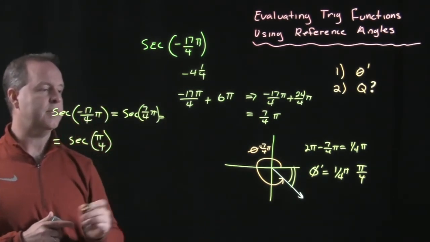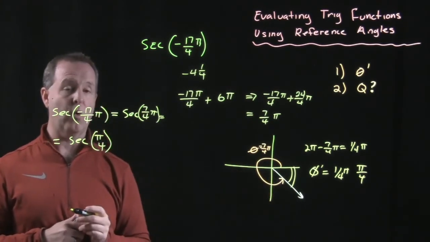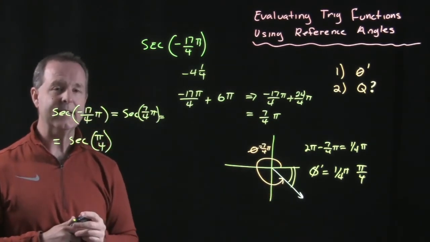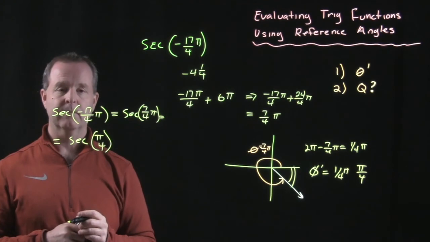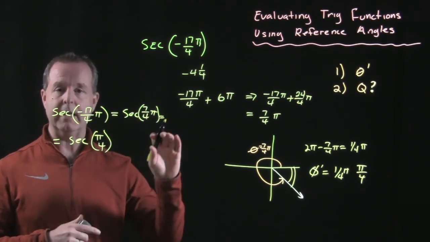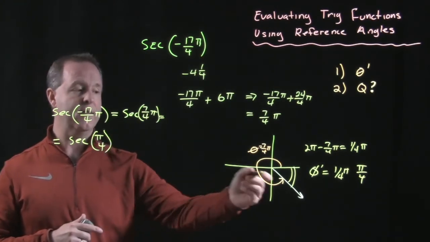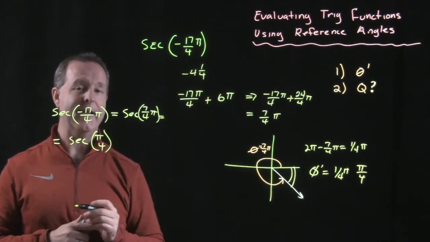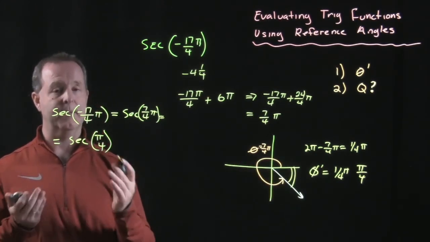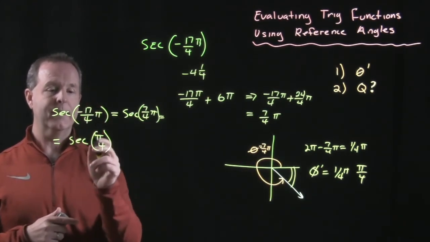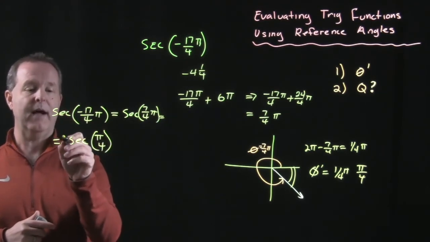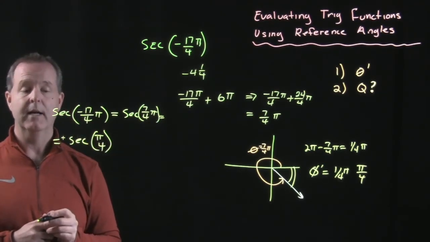So this line is in quadrant 4. What do we know about secants in quadrant 4? A smart trig class told me cosine and its reciprocal are positive there. The reciprocal of cosine is secant, so this is a positive value, and I just might put a positive there as a reminder.